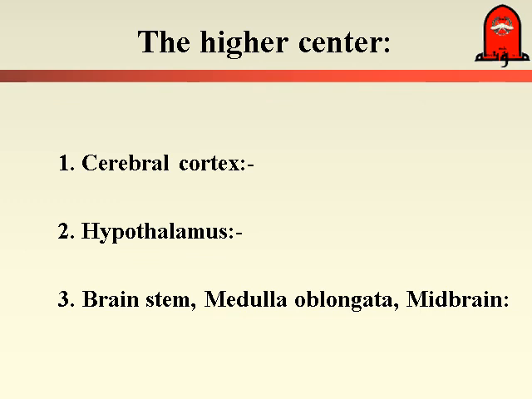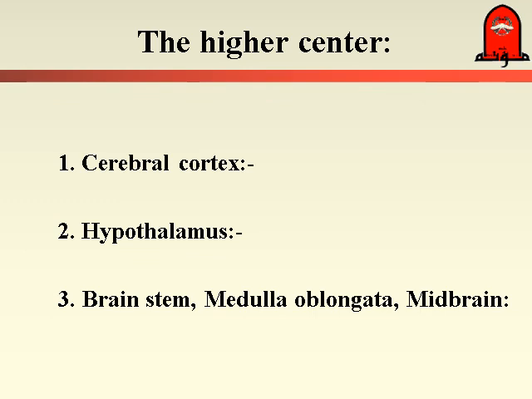Now we come to another subject in relation to the autonomic nervous system. This is the higher center. We said in the first lecture that there are higher centers which include the supracortex, hypothalamus, and brainstem, medulla and midbrain. All these structures are present in the central nervous system within the skull and the spinal cord.